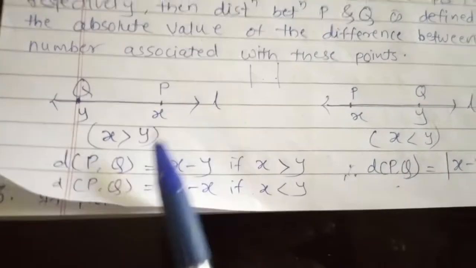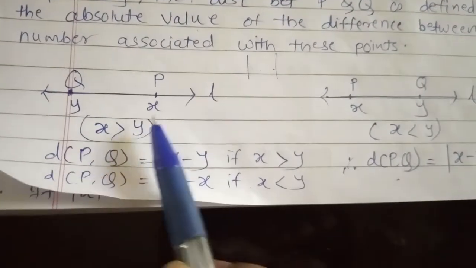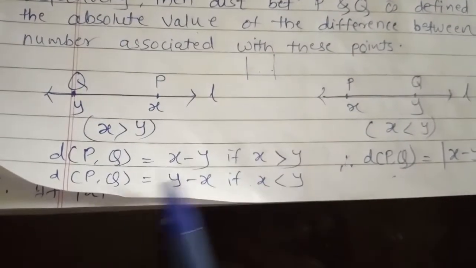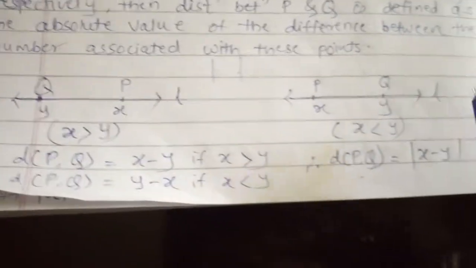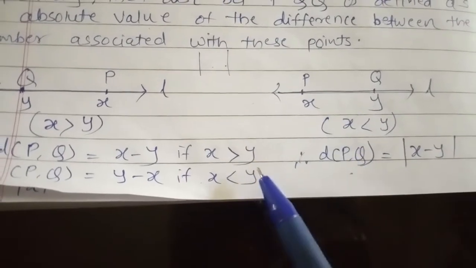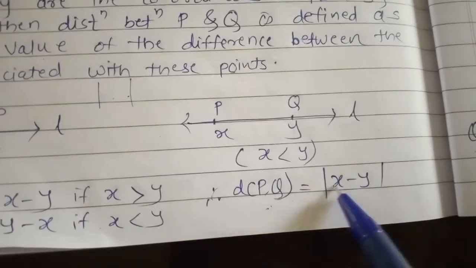Whenever we have to find the distance PQ, here we have to write x minus y, because x is greater than y here. And distance PQ, we can write here y minus x, because here x is less than y. And so to find the distance PQ, we have to use the modulus of x minus y.